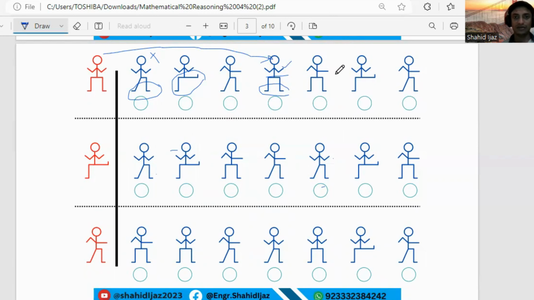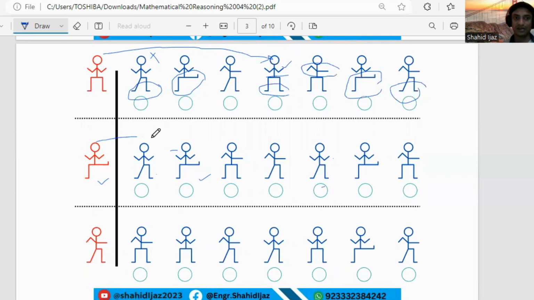And this one is not similar. It has different arms. This one has different legs, and this one also has different legs. Is this similar to this? Yes, sir.